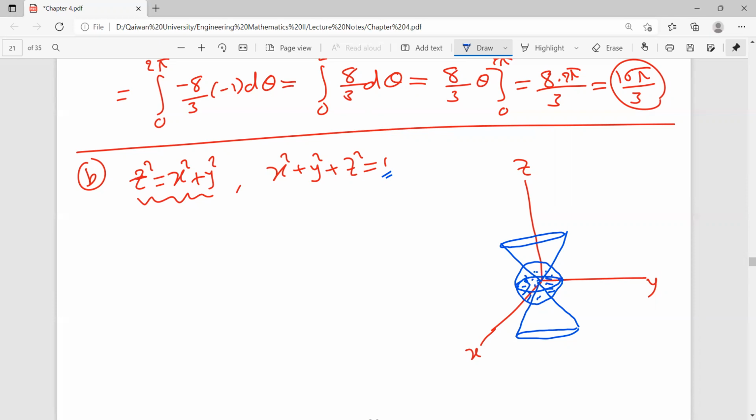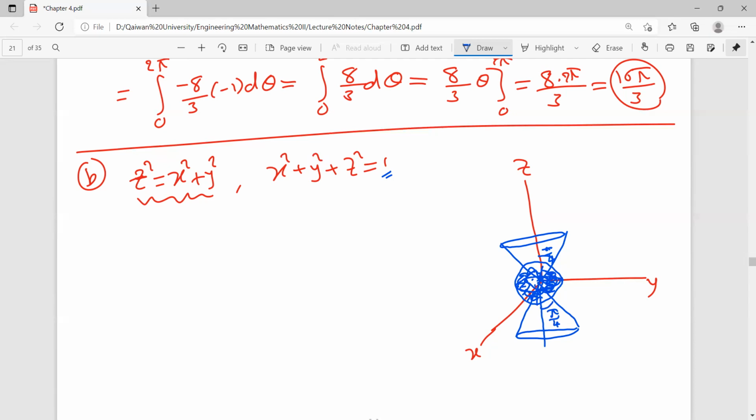It says find the volume which is outside the cone and inside the sphere. Here, this angle is pi over 4, and this is the z-axis. This angle is pi over 4 also.